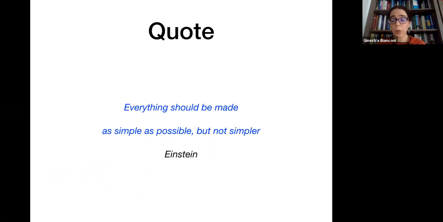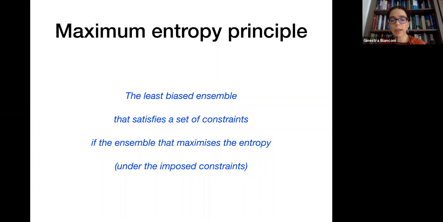So really, we will use this entropy to construct models that are least biased given a set of constraints. So we follow Einstein's quote that says everything should be made as simple as possible, but not simpler. The maximum entropy principle says that the least biased ensemble that satisfies a set of constraints is the ensemble that maximizes the entropy under the imposed constraints.